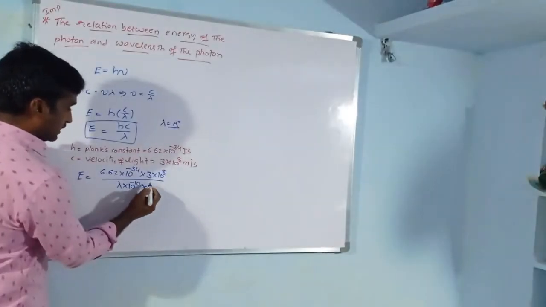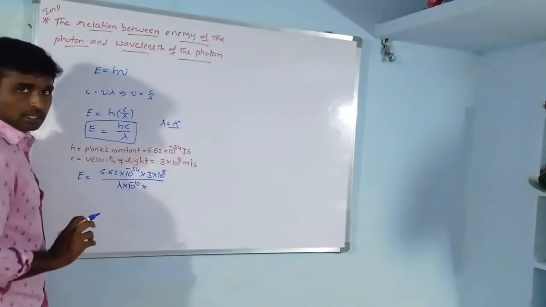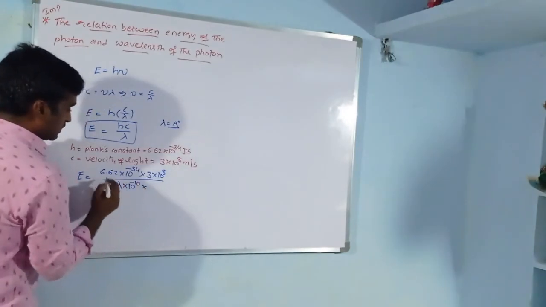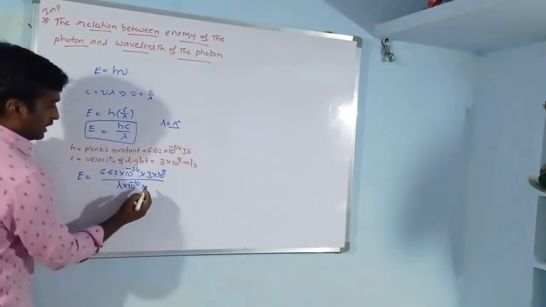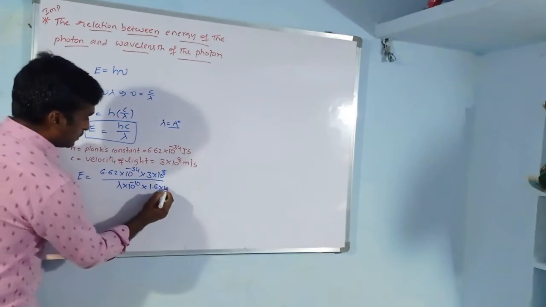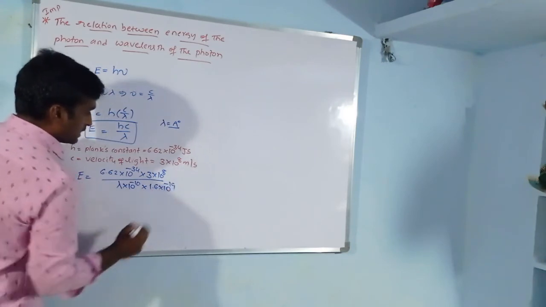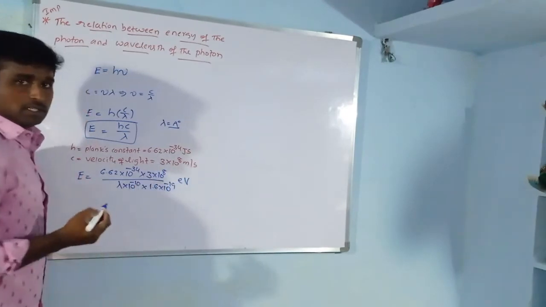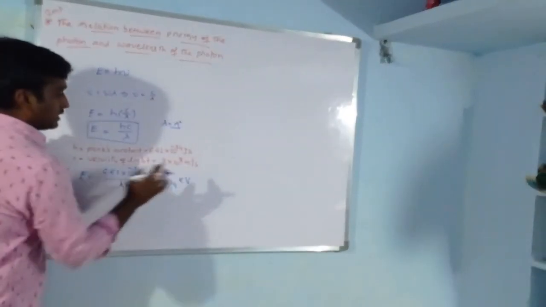If you want to get this total value in electron volts, we have to divide this value by 1.6 × 10^-19. In this case we get the value in electron volts.